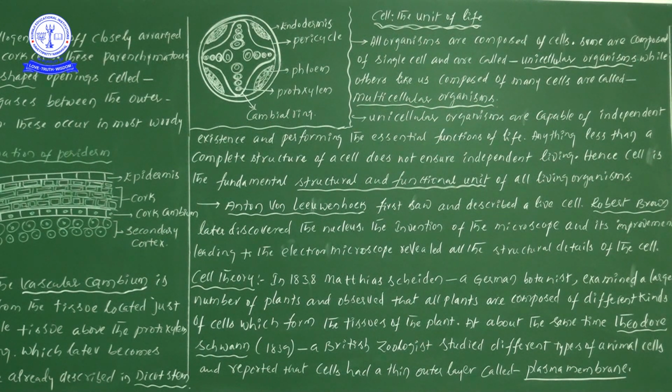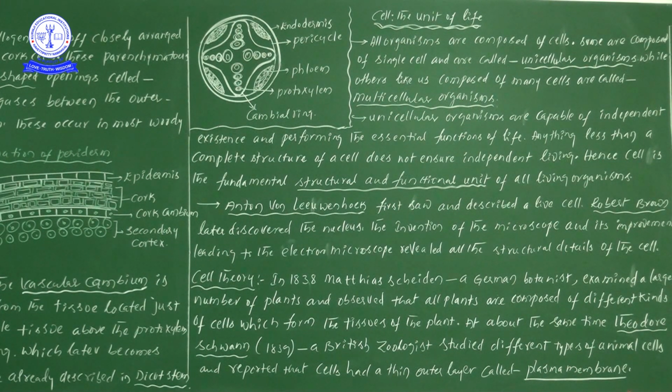So here the German botanist Schleiden explained so much information about plants. Schwann observed different types of animal cells and reported the outermost delimiting structure of animal cells, which he called the plasma membrane.